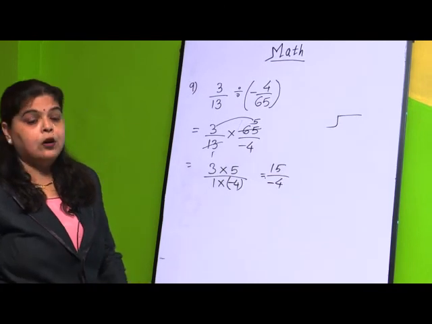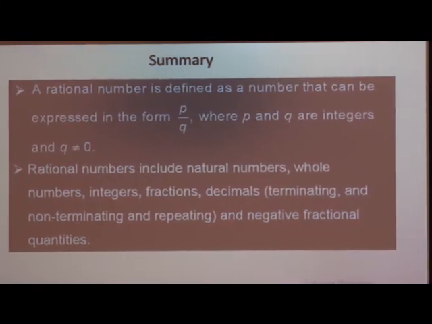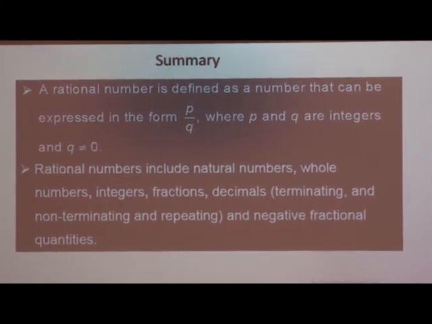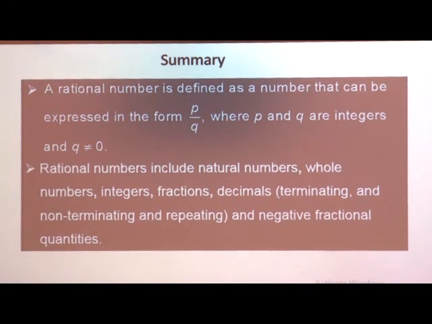So, we will have a summary of this chapter. What we had learned in the chapter is rational numbers. A rational number is defined, already we had learned this, just we will recall it.